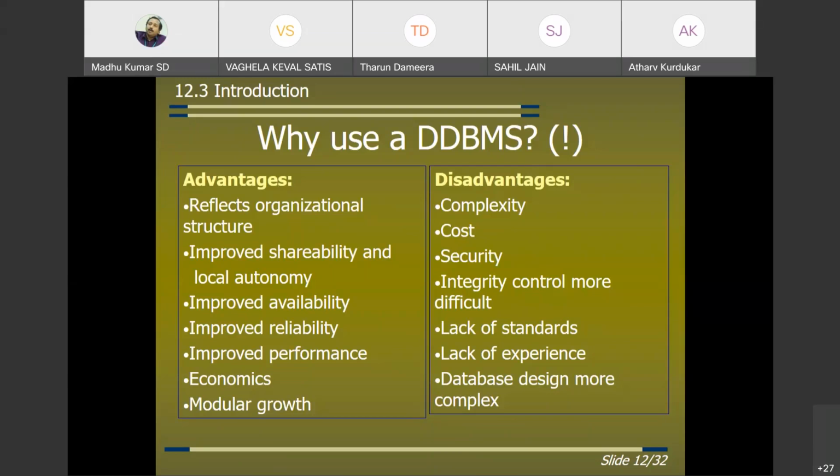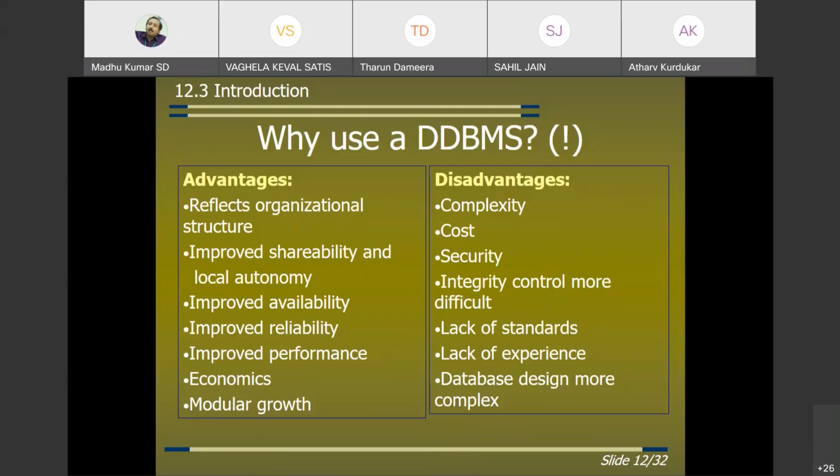Similarly, if you have a major branch in Bangalore, you have a big server and a local hard disk there, but if you have smaller locations, you may not have local storage. So the DDBMS can reflect the organizational structure.